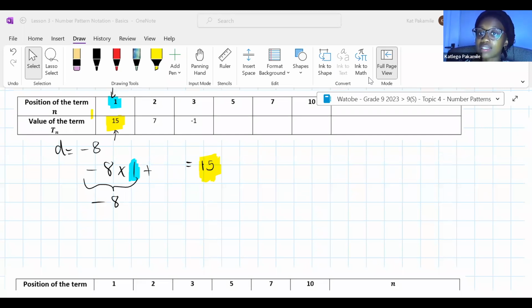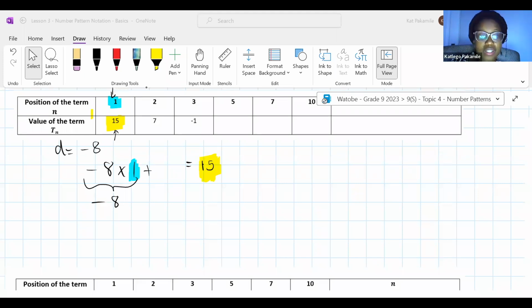What are we adding? If you add a negative, you're going to become more negative, isn't it? No, we want 15. Check in the chat. Ma'am, we're adding by 23.